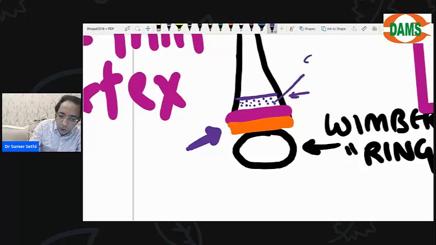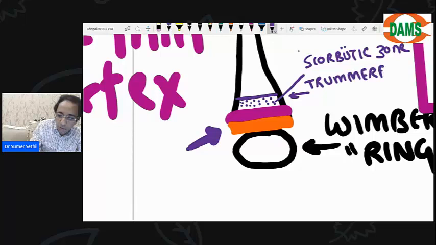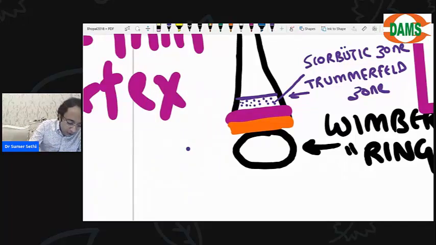This area is called as the scorbutic zone, or it is also called as Trummerfeld zone.